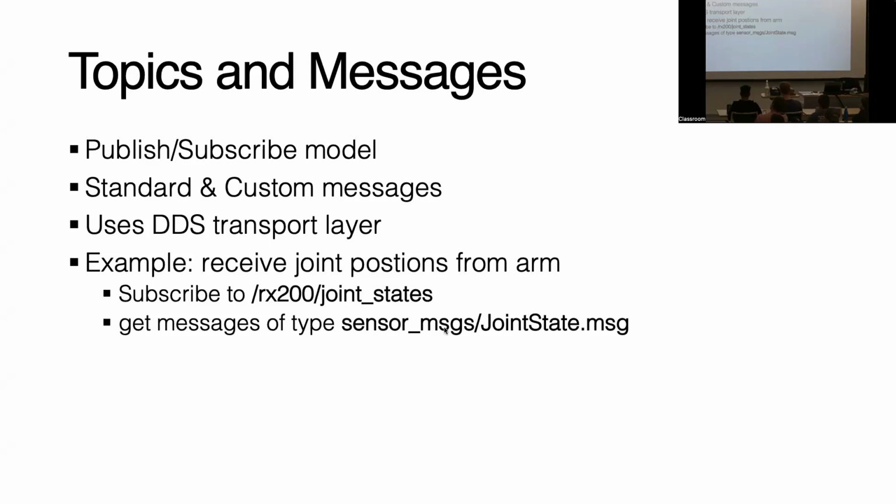All right. And then my visualizer, maybe my control station, can then subscribe to those messages and decode them. And it knows that the messages are of type sensor_msgs/JointState, right, which contains all of the angles that my joints are at.